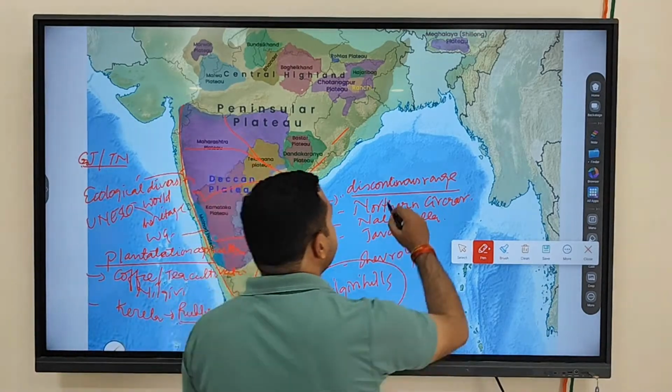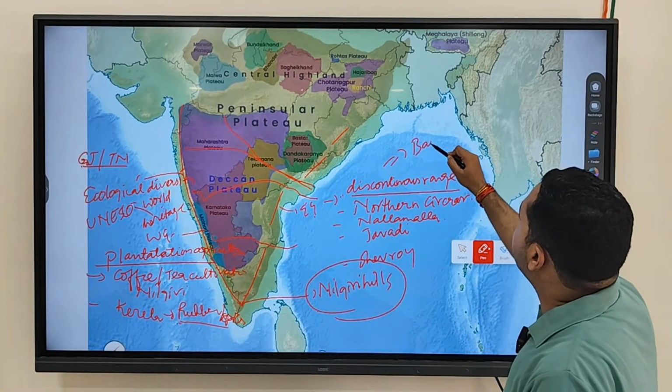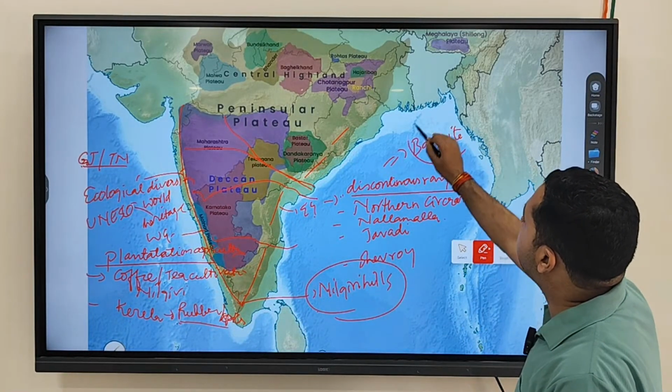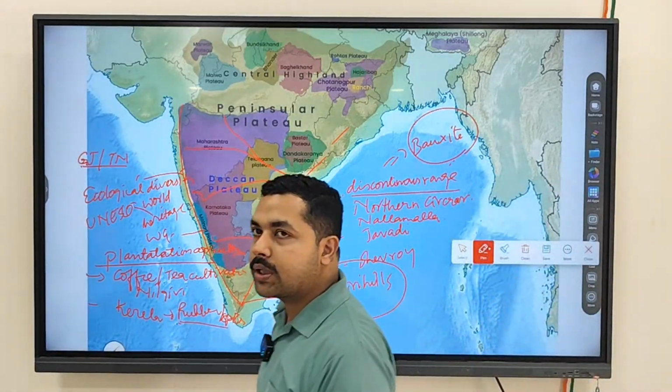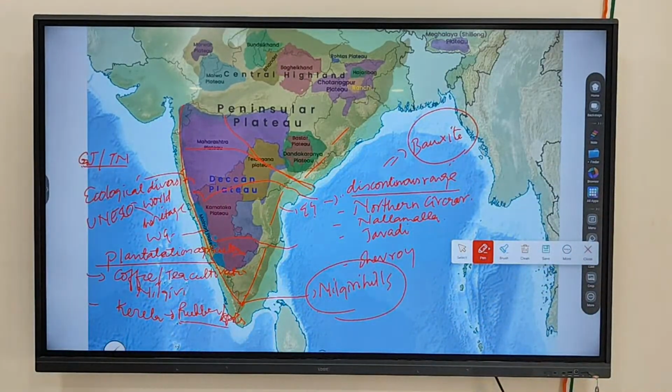This Eastern Ghat is very known for minerals, especially which type of minerals? Bauxite. From bauxite, what do you derive? Aluminium. So these are very rich in aluminium. Clear? So this is something that you find with regard to Eastern Ghat and Western Ghat.